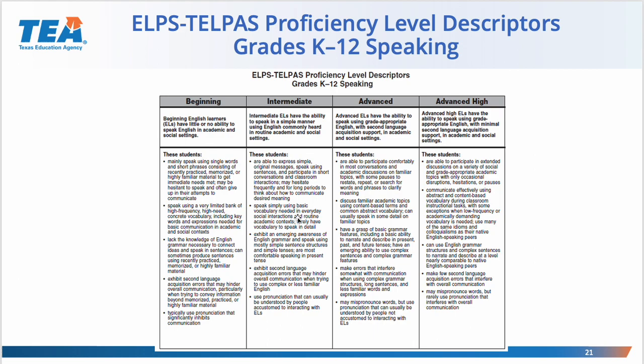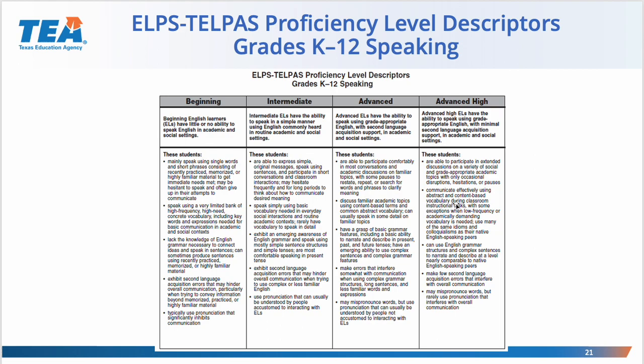And so they will be able to have success there, but they're not going to be able to elaborate a lot. And then here you'll see speak in detail under advanced, second bullet point. It says can usually speak in some detail on familiar topics, right? So they can elaborate, but only on familiar topics. And then the more abstract that topic is, the less they will be able to elaborate.